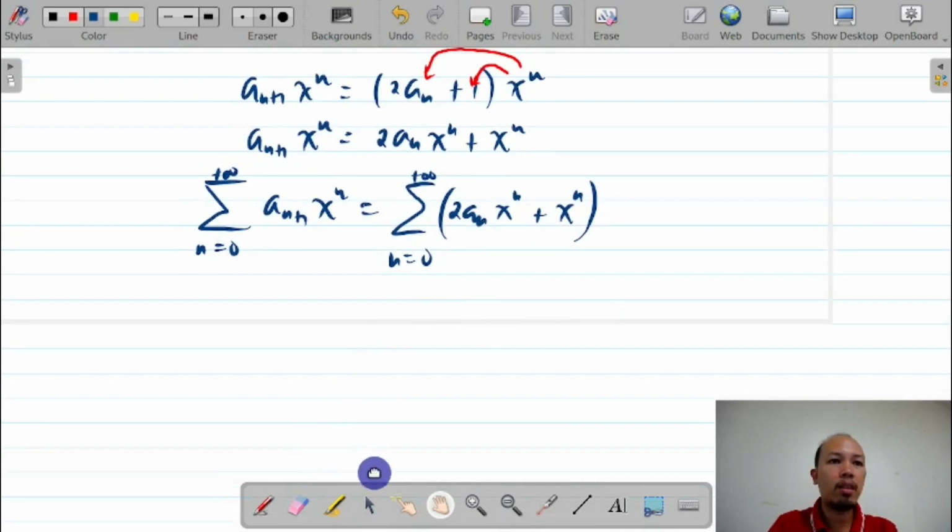Okay, so let's distribute the right side. Okay, this one here, let's distribute the summand.